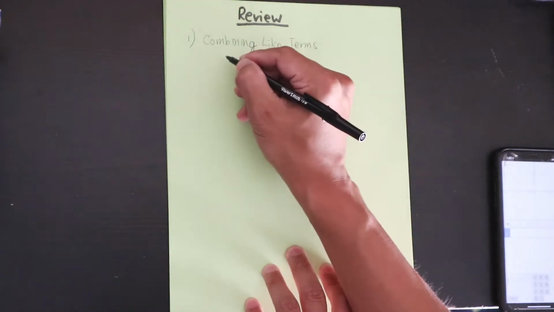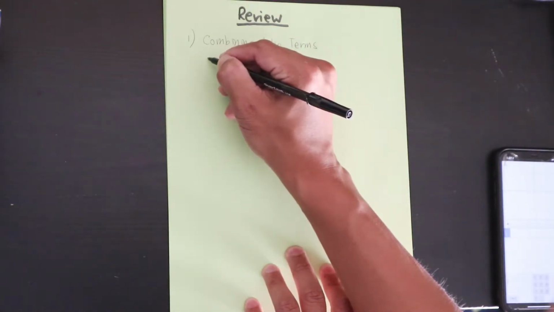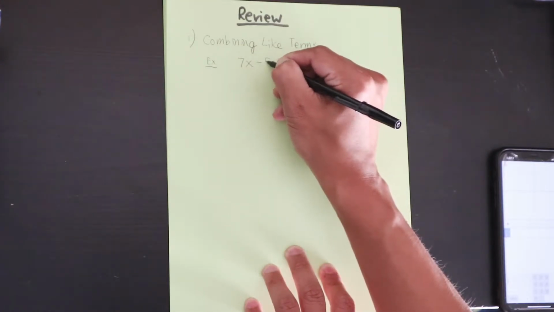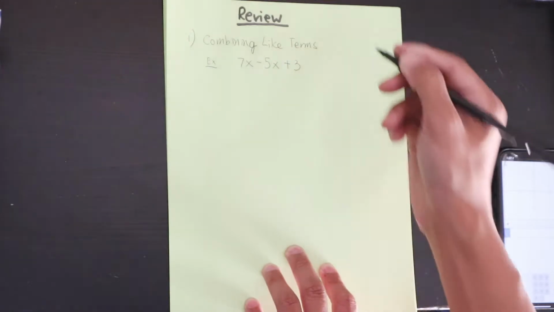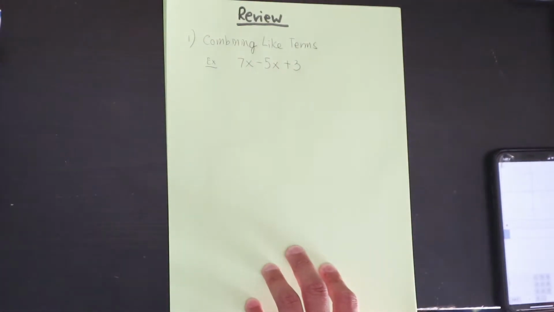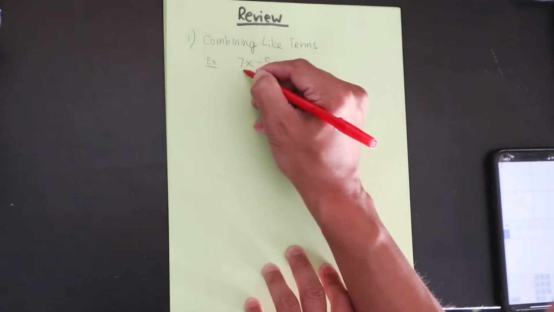For example, let's say you have something like 7x minus 5x plus 3, okay? Well, you have to identify which terms are like terms. We call each one a term here, right?